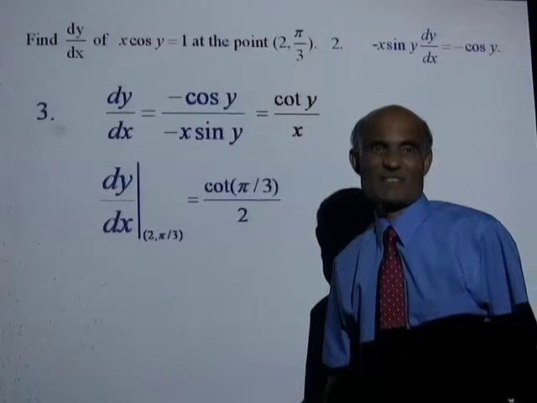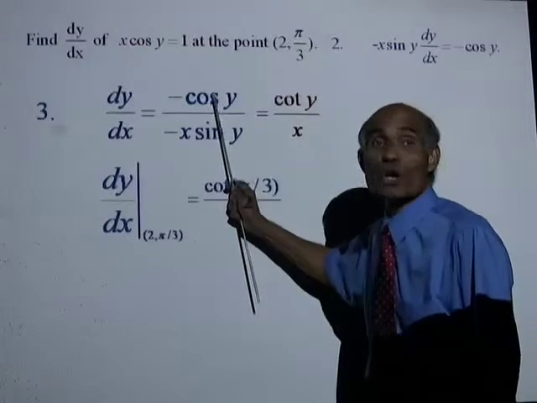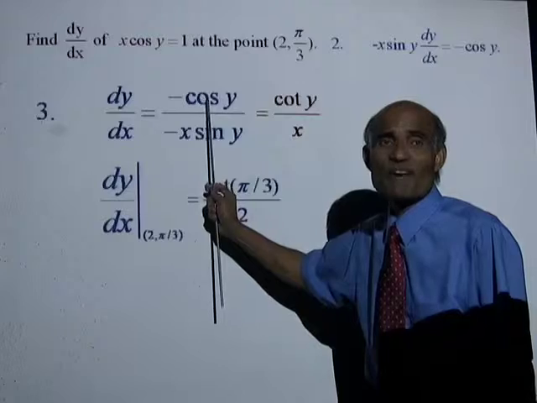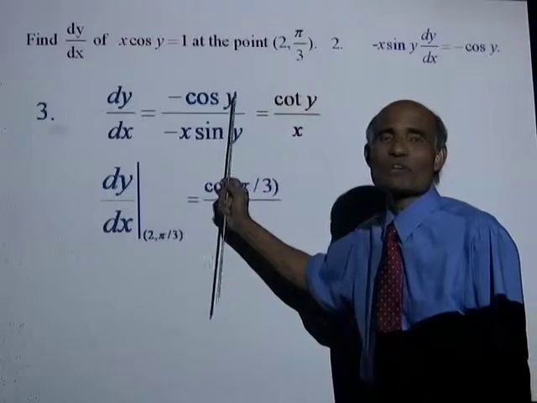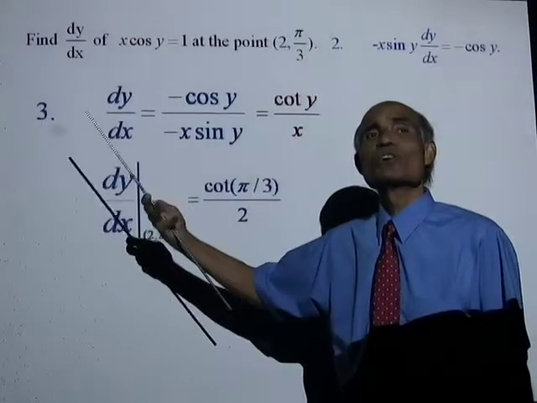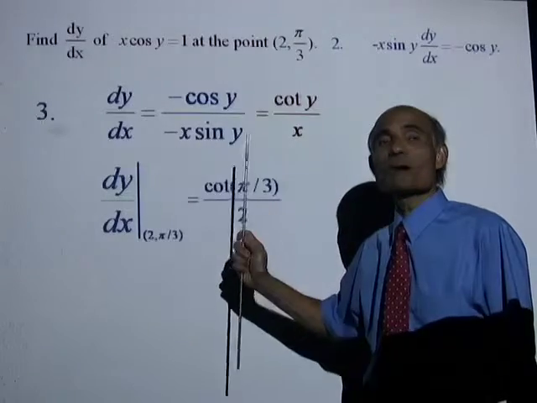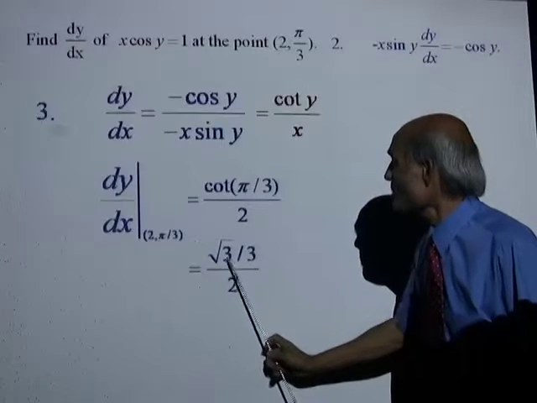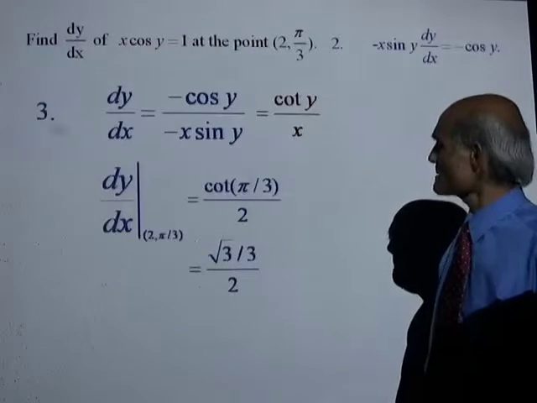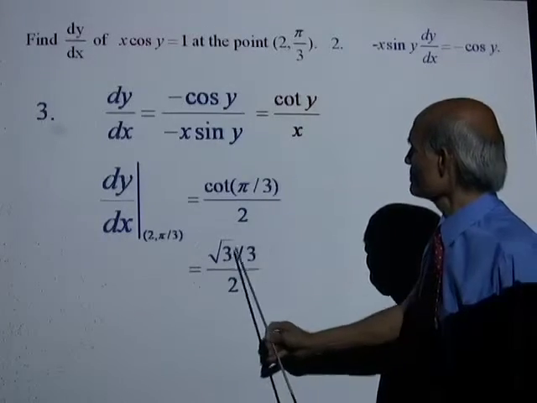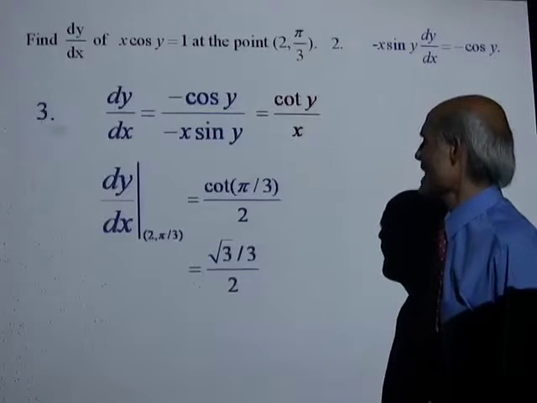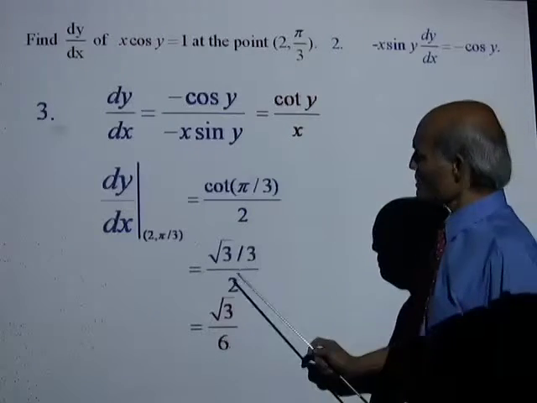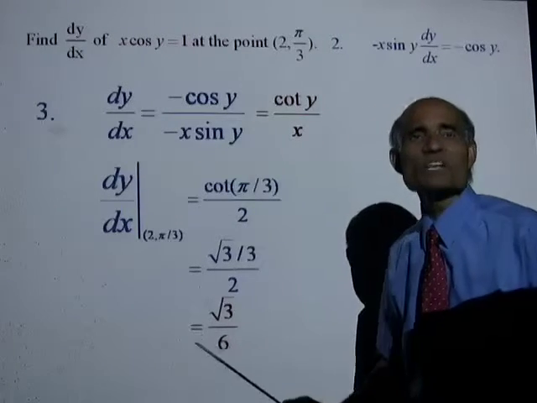Well, it's actually cos pi by 3 divided by sine pi by 3. Cos pi by 3 is 1/2, and sine pi by 3 is root 3 over 2. So that will be root 3 over 3 divided by 2, and that will be root 3 over 6. Check this on your own and see if this is right.